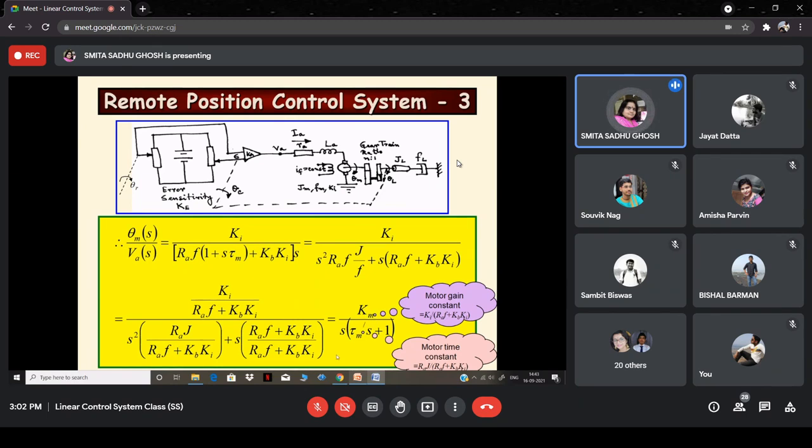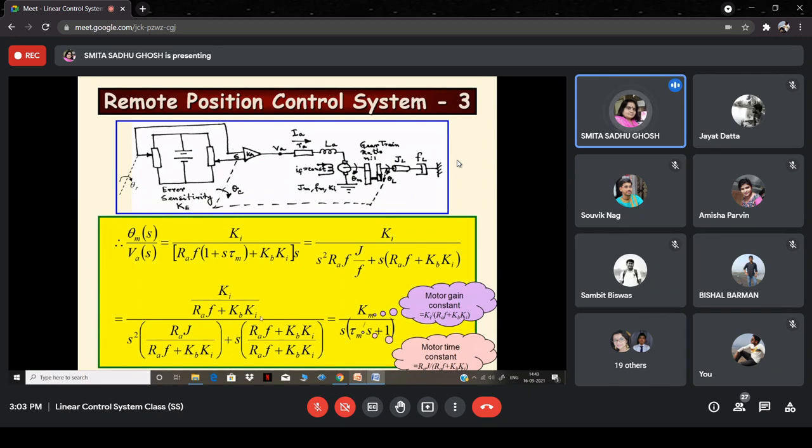Similarly, in the denominator, this is of course equal to 1. Tau m prime will again be the entire term that is multiplied with s square over there. That is known as the motor time constant, and it is equal to Raj by Raf plus Kb Ki, whatever you have over here as the coefficient.